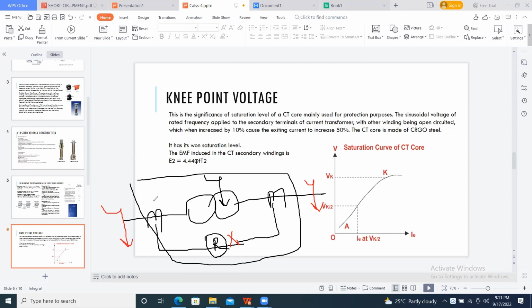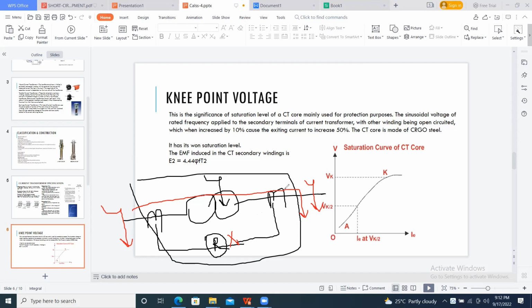Suppose when a fault occurs outside of the differential protection zone, the fault current will flow through these CTs on both sides of this transformer. Both the low voltage CT, I mean the 33 kV CT, as well as the 220 kV CT, have magnetizing characteristics beyond the knee point.